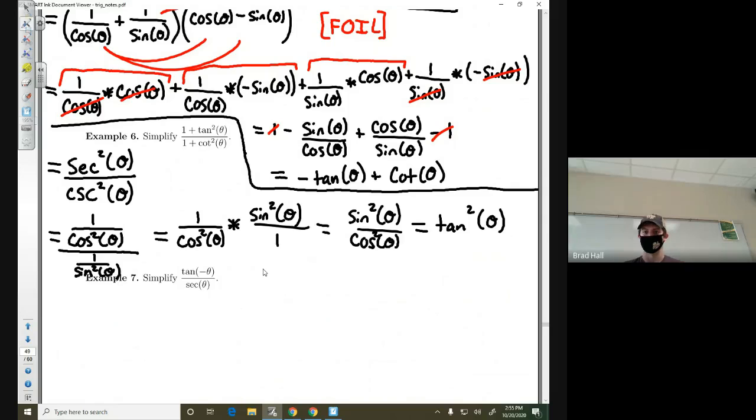It's kind of weird that 1 plus tan squared divided by 1 plus cotangent squared just results in tan squared. I find that kind of interesting. So that's something we have now proved for the end of time for this system of mathematics.